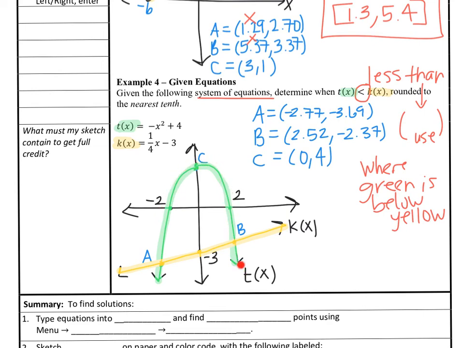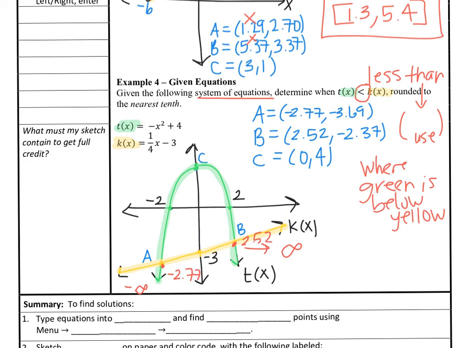We want where the green is below. So we're going to do this interval going from negative infinity up to this point, whose x value is negative 2.77, and then we're going to unite from the other point to positive infinity. That point at point B is 2.52.